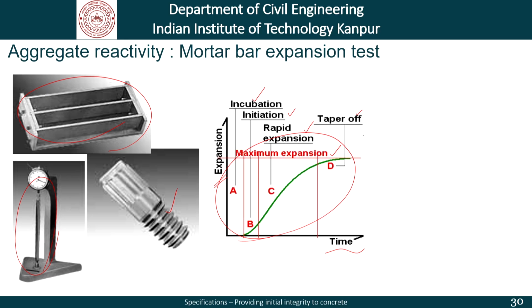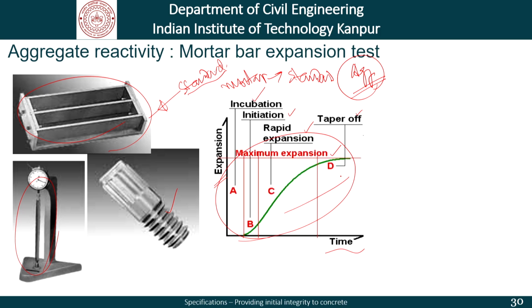Now, this mortar bar expansion test obviously is carried out under standard conditions. That is, here too the mortar which is used is a standard mortar. That is, we use the aggregate which is supposed to be used, but in order to accelerate the test to give some meaningful results within a reasonable time frame, the alkali content is often augmented by using artificial alkali.